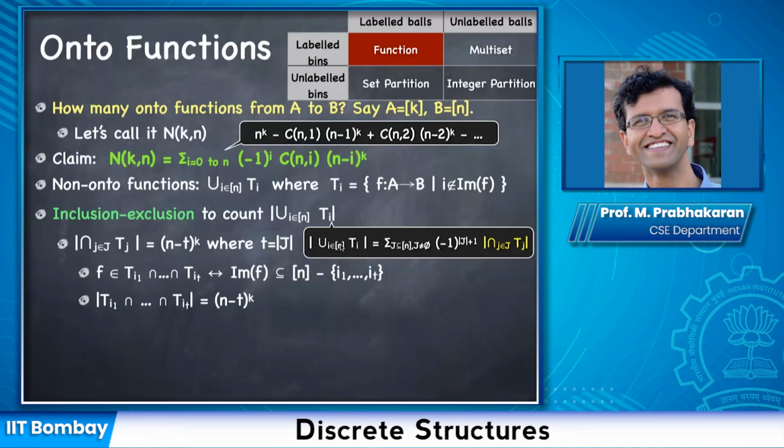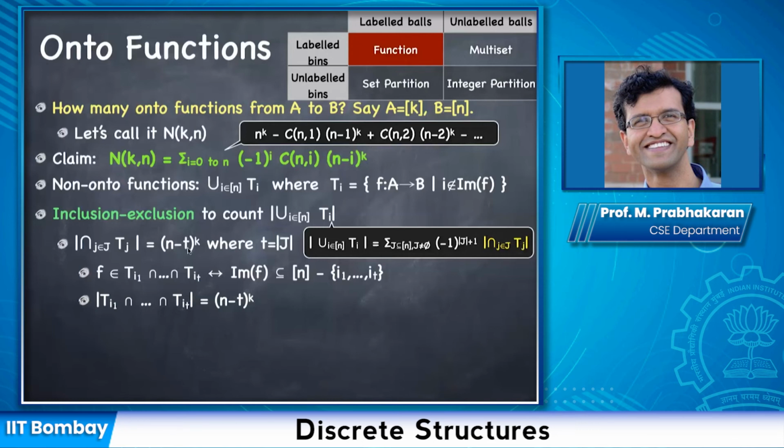Now, to complete this formula, for the same size t, there will be many, many J's that show up, and all of them will show up with the same coefficient, +1 or -1, and the same number here, (n minus t) to the power k.